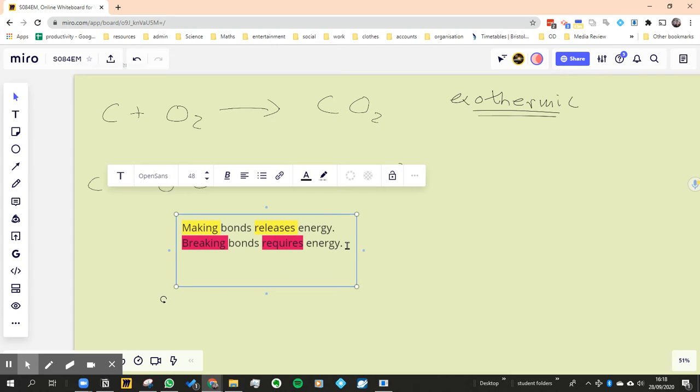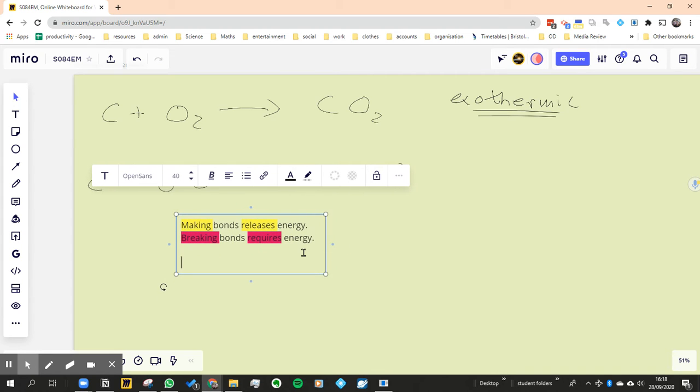The other thing to be aware of is that breaking a bond will be exactly the opposite value of making that same bond.